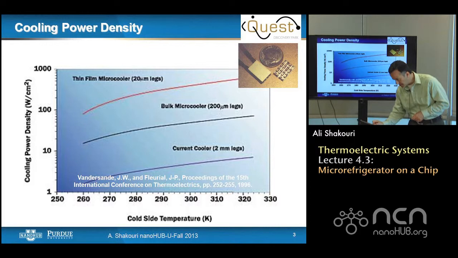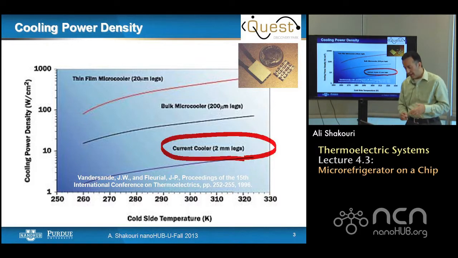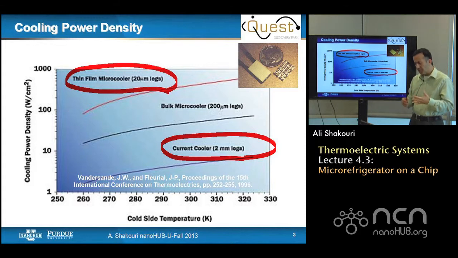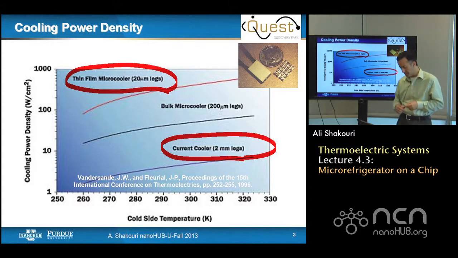Again, most coolers with 2 millimeter thickness have cooling power densities of less than 10 watt per centimeter square. And by going down to 20 micron or so, one could reach hundreds of watt per centimeter square. The best commercial thermoelectric modules that you can buy, even the thinnest one, have something on the order of 100 watt per centimeter square.